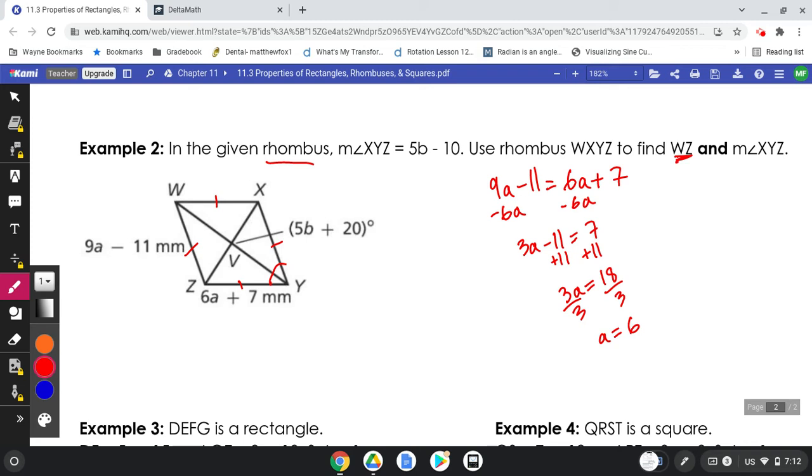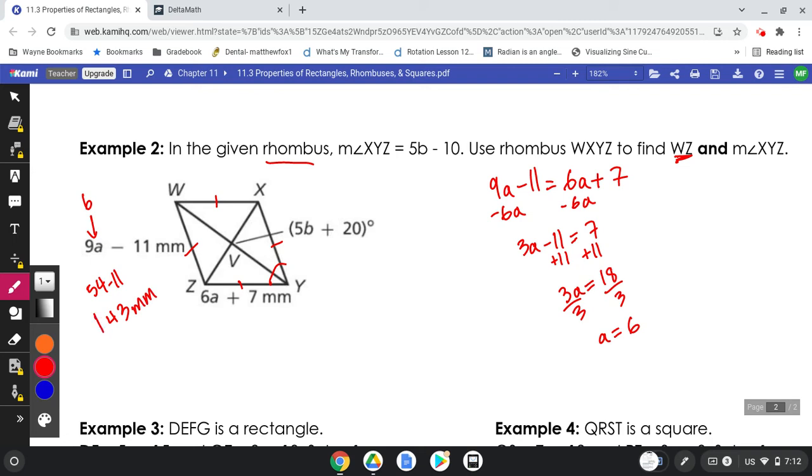It asks for WZ. So we need to plug that in. Now WZ is right here, 9a minus 11. So we can plug it in for that A. The thing is, if you prefer, you could actually plug it in over here because hopefully you remember these are the same. So I don't care where you plug it in. If I plug it in there, 9 times 6, 54, minus 11, that'll be 43.